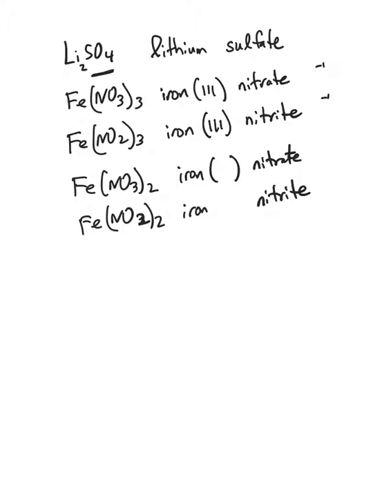To make this electrically neutral, that single iron has to be +2. So that's iron(II) nitrate. Likewise, the next one, nitrite, still a -1 charge. We've got 2 of those. The nitrites altogether add up to -2. The iron has to be +2. So it's going to be iron(II) nitrite. These just take lots and lots of practice.